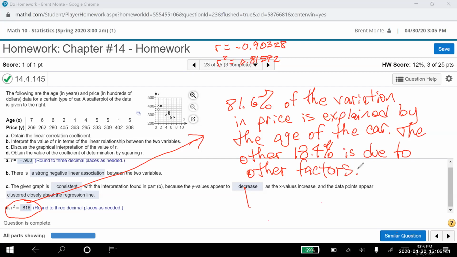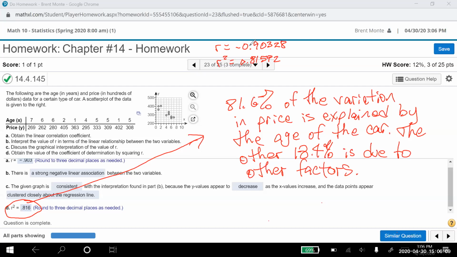So we could look at something like this and say, hey, I realize that we get a lot of knowledge about how much the car is going to cost just based on its age. Well, there's going to be other factors, almost 20%, due to how well the car is kept, the options it has, a variety of other things. But a majority, 81.6% in this case, is based strictly on the age.